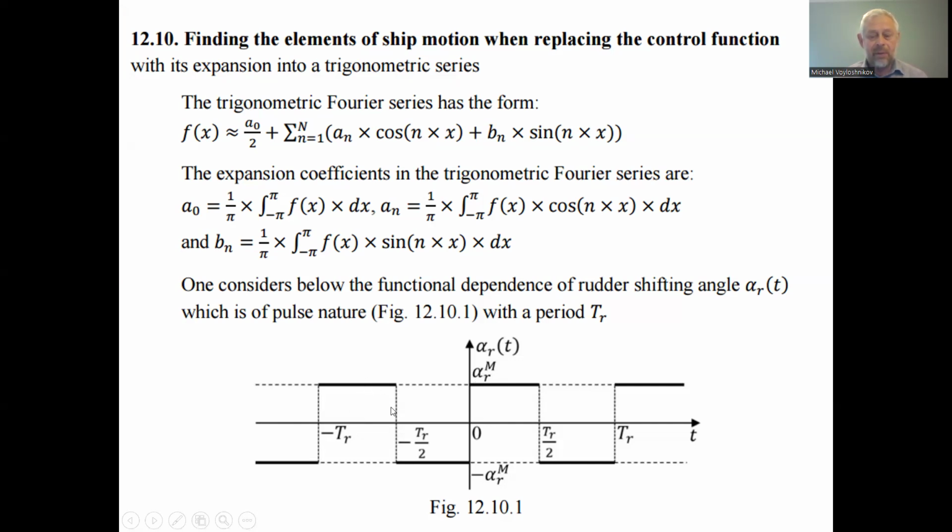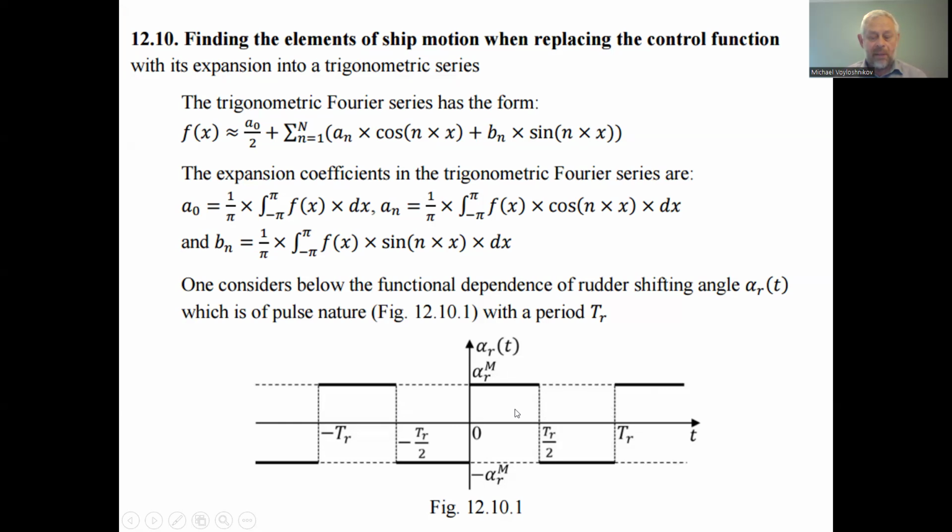So to substitute this into the right side of the inhomogeneous differential equation to get the decision of the equation, we can use the expansion of this pattern of the rudder turnings in time dependence.